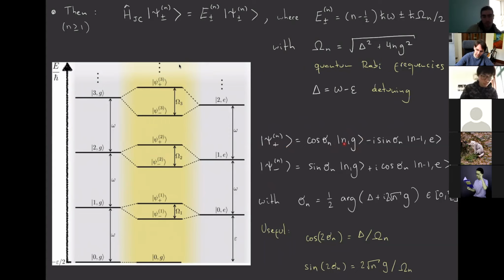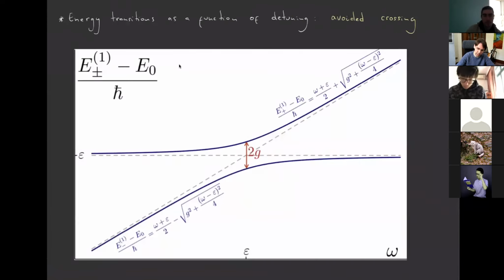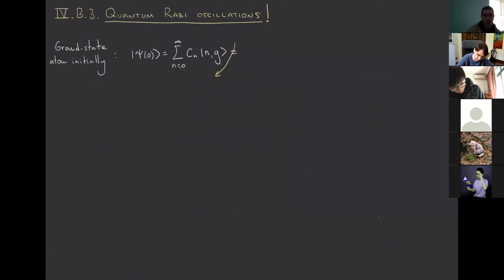So let's say the state n,g. It's very easy to connect with them because we can just invert this relation. So let me write down these relations. The state n,g, when the atom is in the ground state, is equal to cosine of theta n, and then the plus state, plus sine of theta n, and then the minus state.